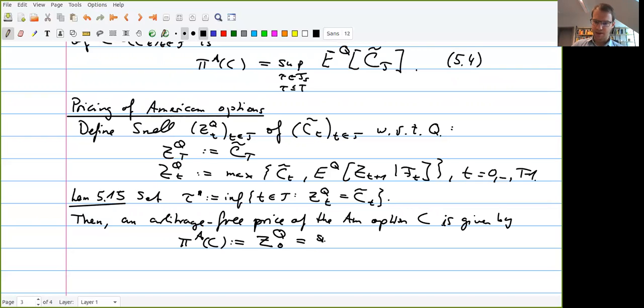And this is the same as the maximum value of our optimal stopping problem. Right.